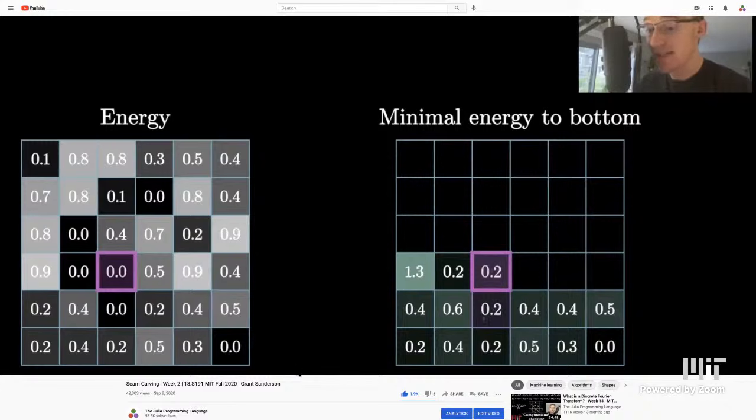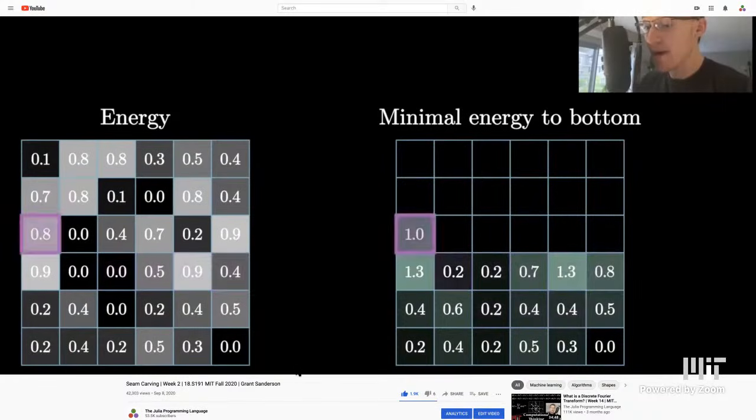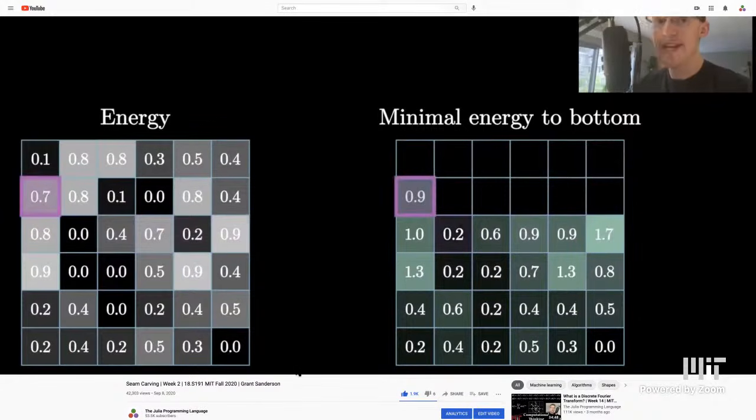So in this case, the best option would be this 0.2, and then we add that to the value of the pixel, which is 0, and we get that 0.2. So we keep doing this iteratively on the way up, and what it means is the number of steps required is just 3 times the total number of pixels in the image, which is dramatically better than the 3 to the n that we were getting by doing the exhaustive global search the inefficient way.